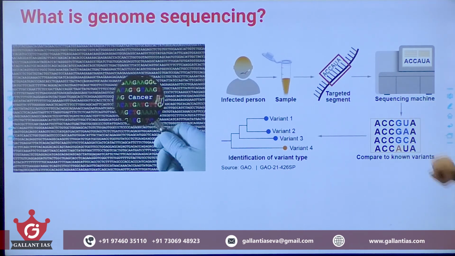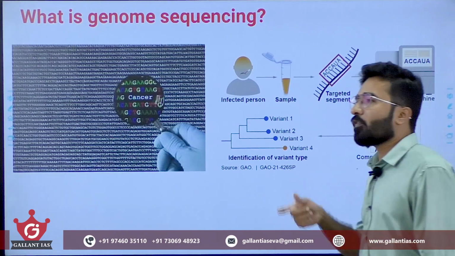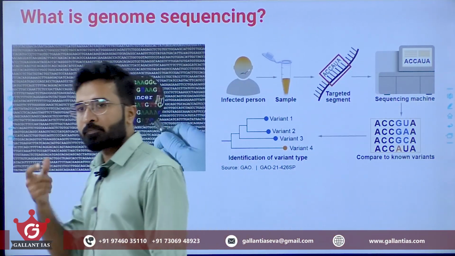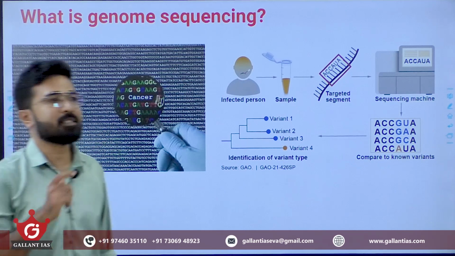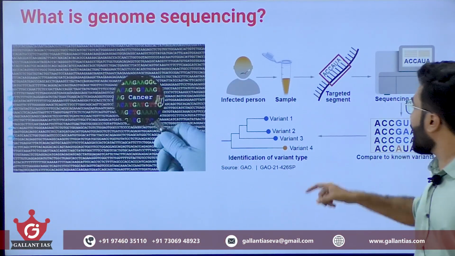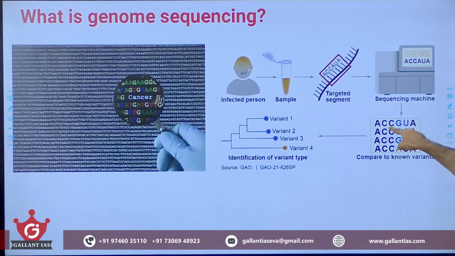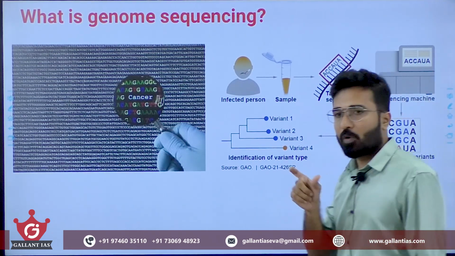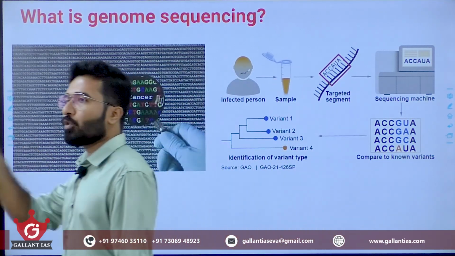Then they have a record of the genetic information of different types of viruses. As I told when I was teaching the basics, in 2003 there was the SARS virus. So they already have the order of base pairing of the SARS virus, the order of A, G, C, U, like that arrangement.